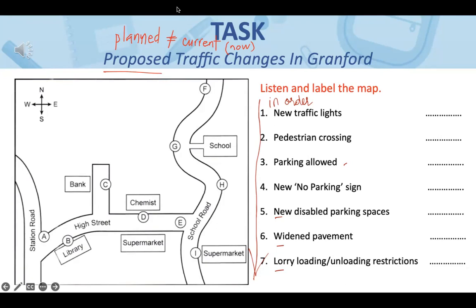This should improve visibility for drivers and pedestrians, especially on the bend just to the north of the school. As far as disabled drivers are concerned, at present they have parking outside the supermarket, but lorries also use those spaces, so we've got 2 new disabled parking spaces on the side road up towards the bank.